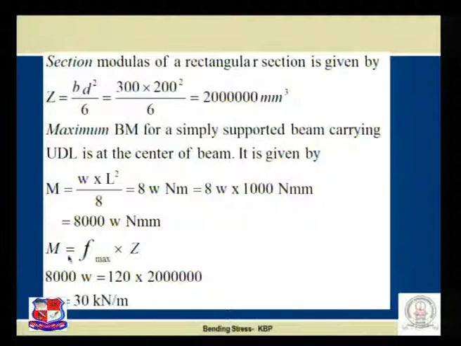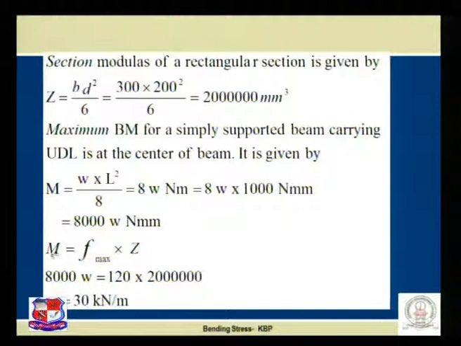Now we know the equation M is equal to F max multiplied by Z. M, that is 8000W, is equal to 120 multiplied by the Z that has been found out by BD square by 6.